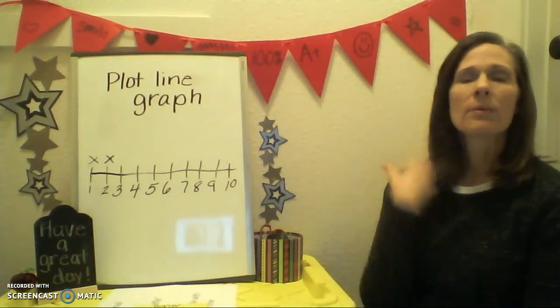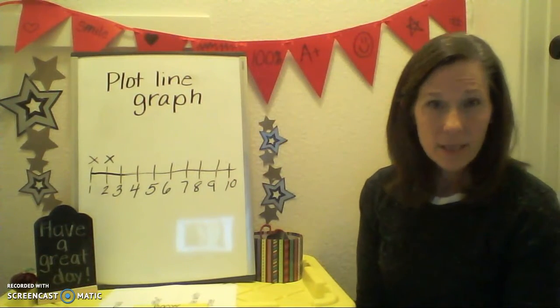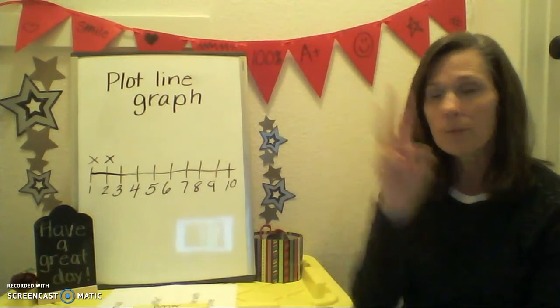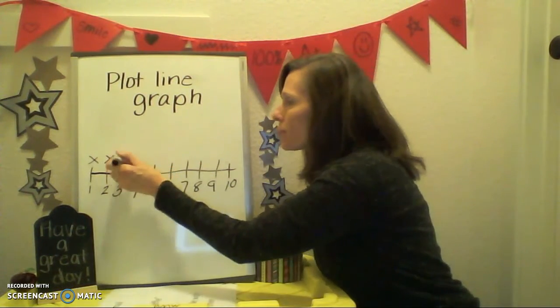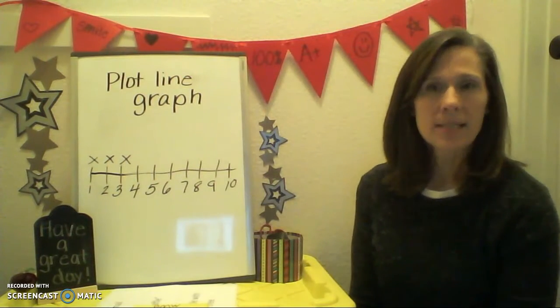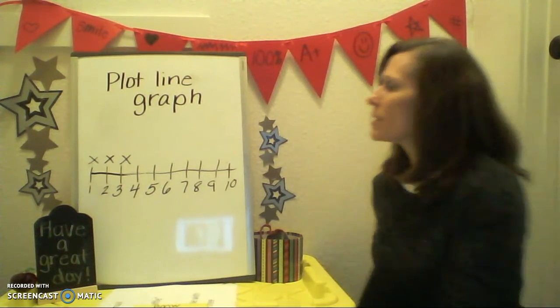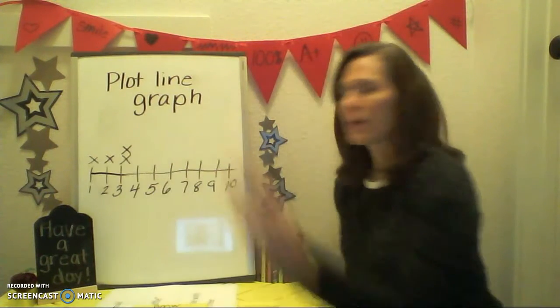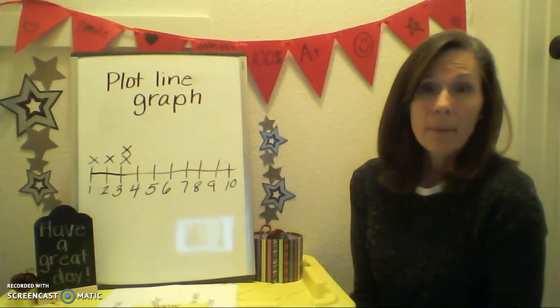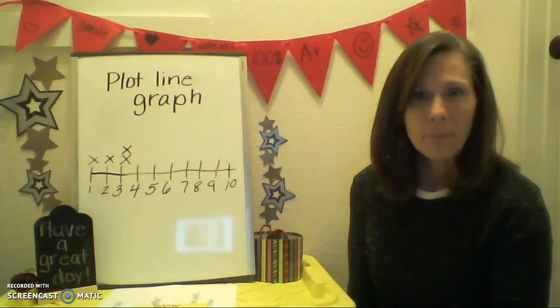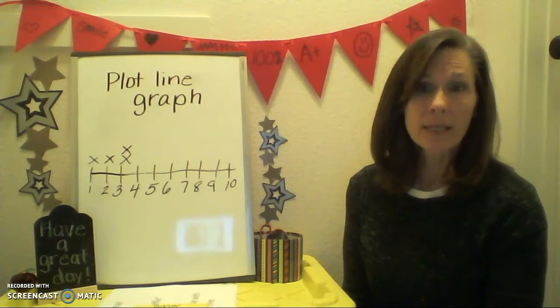Let's say that we were to ask my friend Deanna, she would say 3, right? So we would put an X over the number 3 for her. Let's say we would ask my husband. He has 3 in his family. So we would put an X over the number 3, right? My friend Ben, there's 5 in his family.